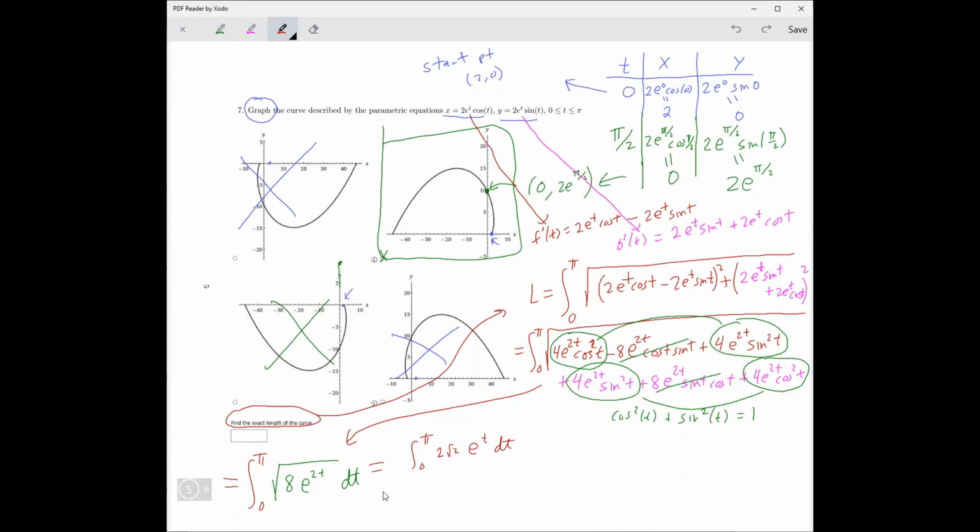And then I find the antiderivative is just 2 root 2 e to the t. That's evaluated from 0 to pi. So that's 2 root 2 e to the pi minus 2 root 2 e to the 0, which is 2 root 2 times e to the pi minus e to the 0 is 1, so that's just a 1.